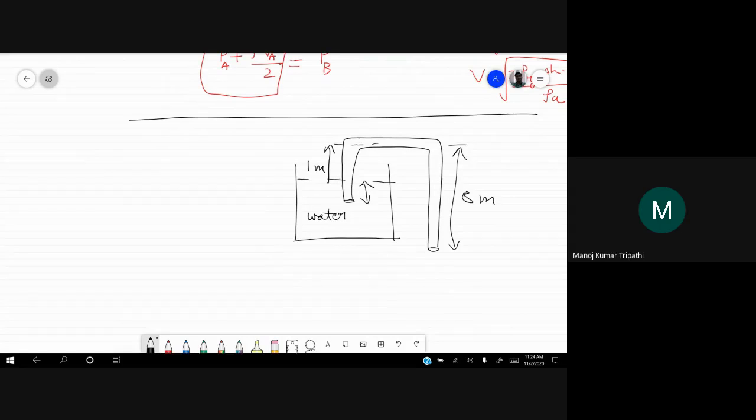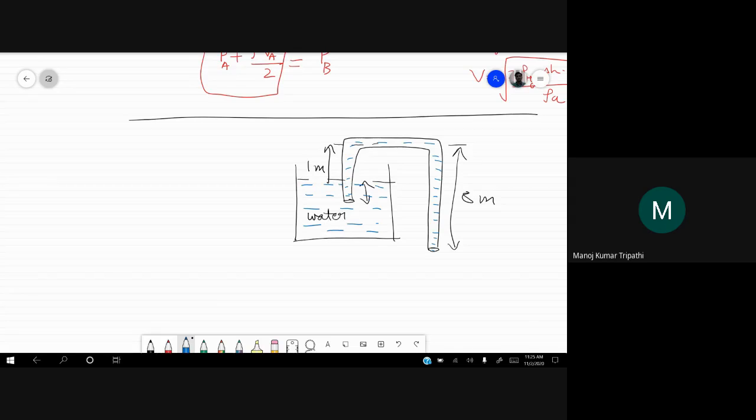Now, first of all, let's say the initial condition is that the water is filled everywhere in the tube. There is no air in the tube, water is filled everywhere.